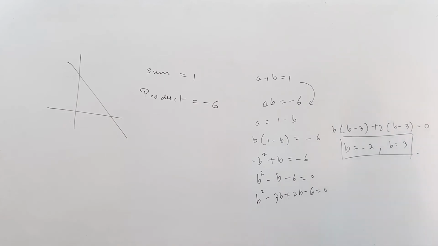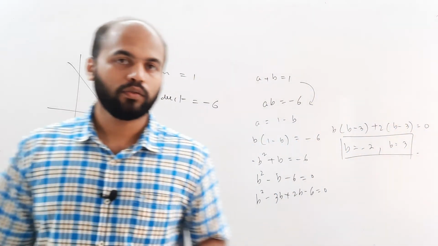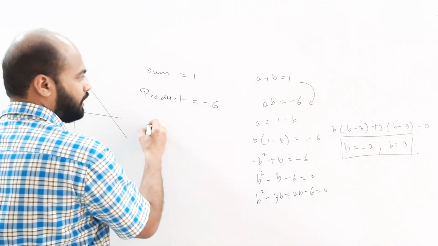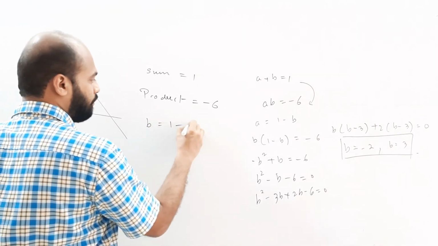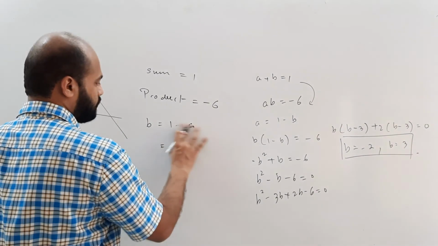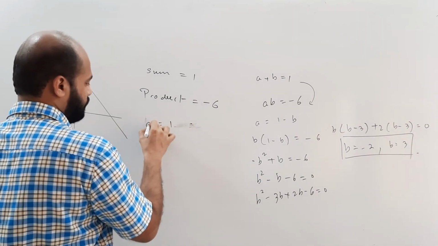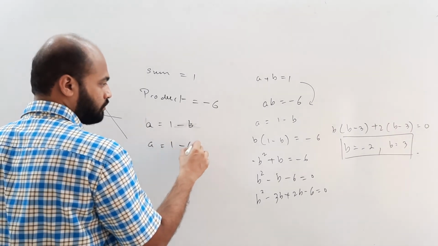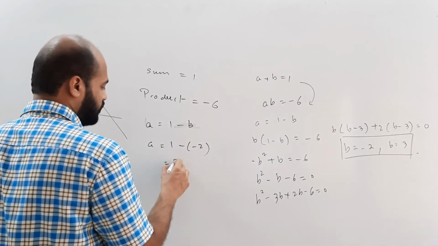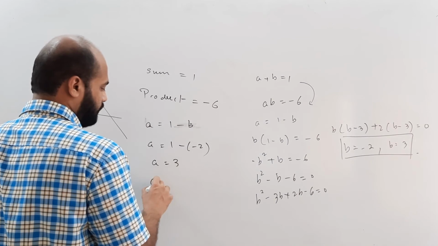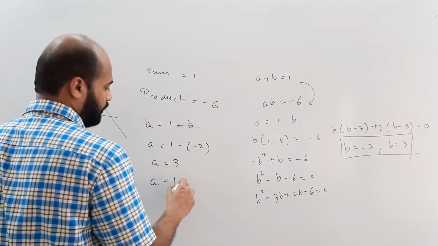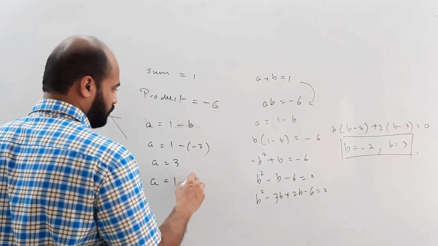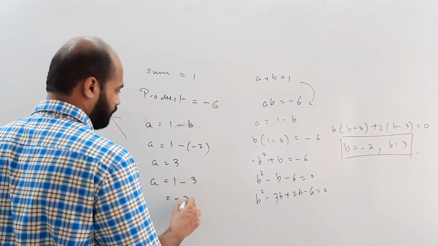So once we find this, I've got the values of b, now we can find the values of a also. So a is going to be 1 minus b. So a is going to be 1 minus (minus 2), which is 3, and if I consider b as 3, then a would be minus 2.